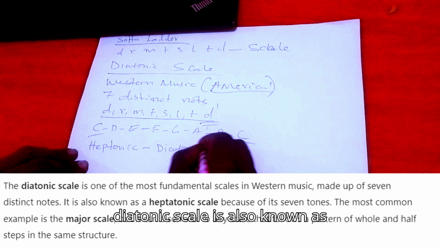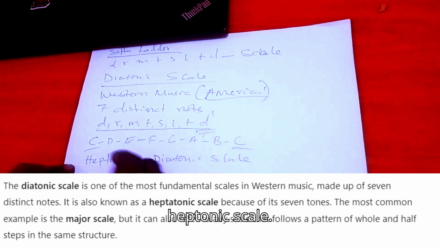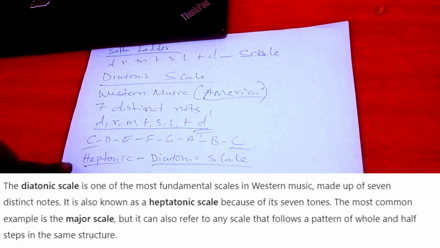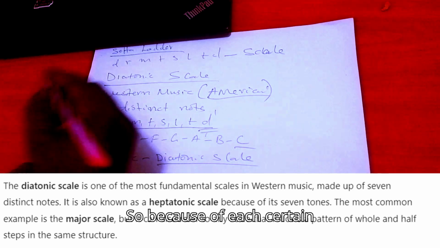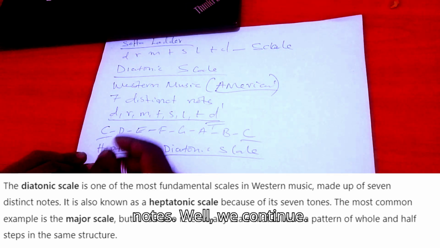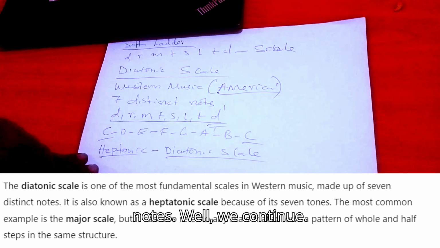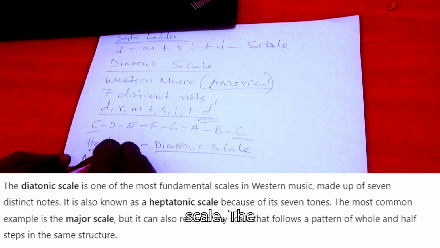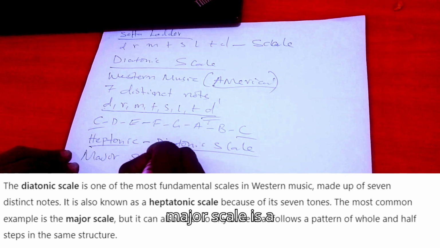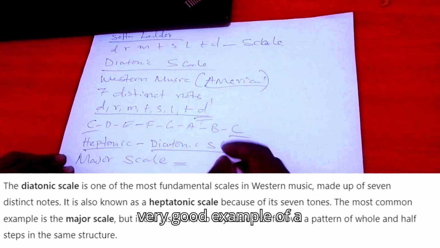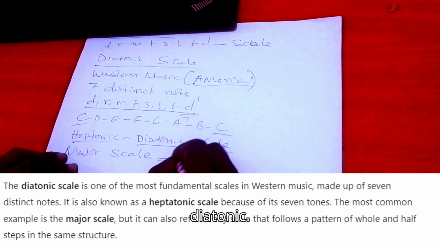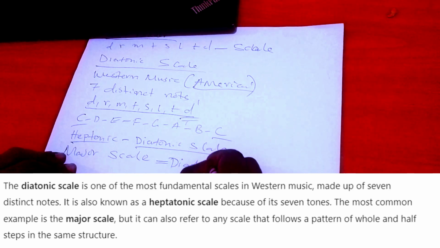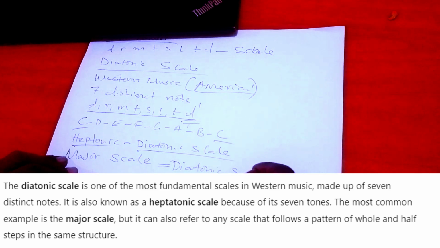That is, the diatonic scale is also known as the heptatonic scale, because of its 7 notes. Well, we continue. The most common example is the major scale. The major scale is a very good example of a diatonic scale.